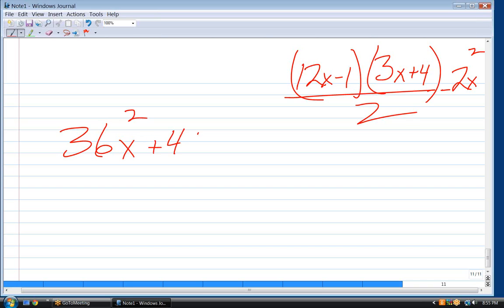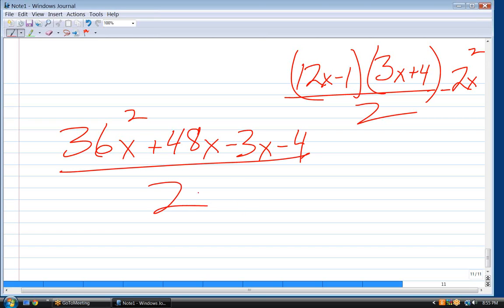This would be 48x. And then we're going to do negative 3x. And then it's going to be a negative 4. Minus 4. Okay? And all of that divided by 2 minus 2x squared. Okay? So we would divide first, right?